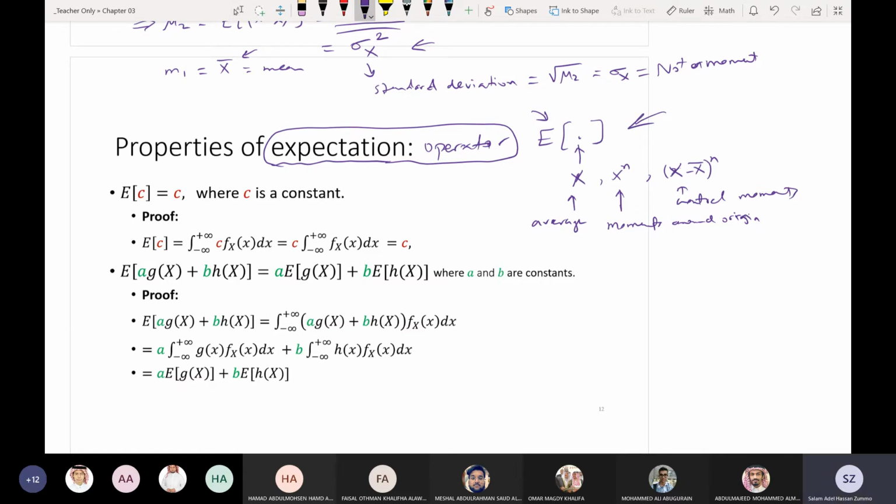The first property is that the expected value of a constant equals the same constant. Why? This is the proof. Expected value of a constant C equals the integral, by definition, of whatever is inside the expectation, multiplied by the PDF. This is what we learned: the expected value of anything is the integral of the PDF multiplied by this anything.